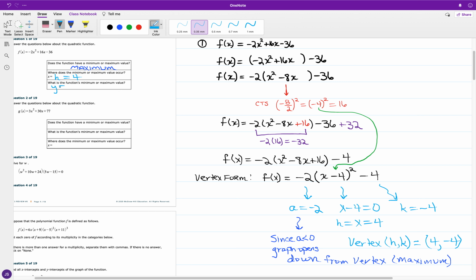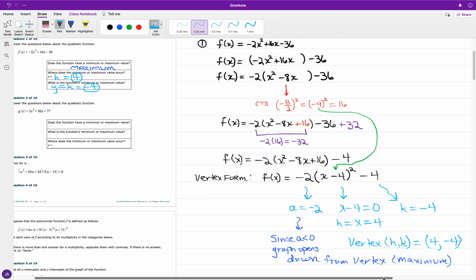So y is equal to k, and that is going to be at -4. So the maximum occurs at x equal to 4, and the function's maximum value, the second coordinate, is going to be -4.